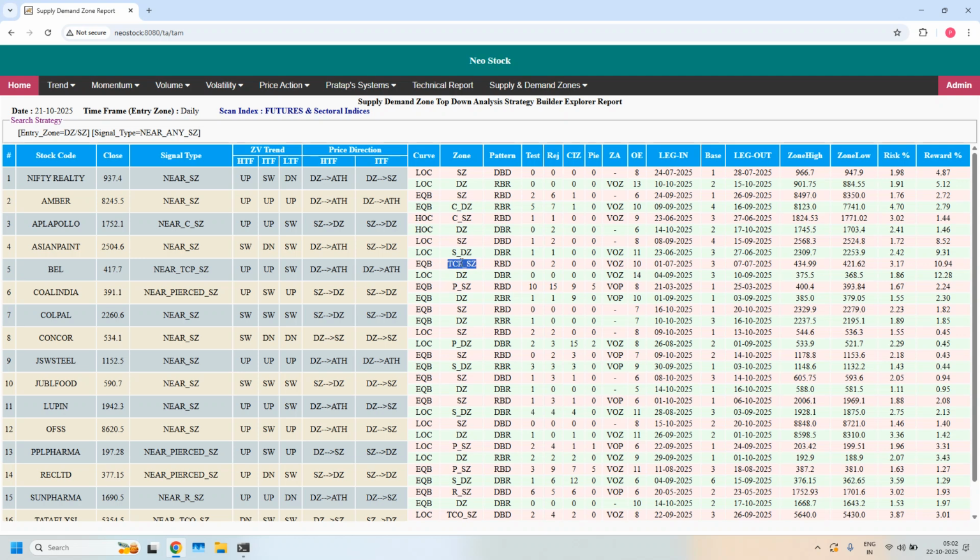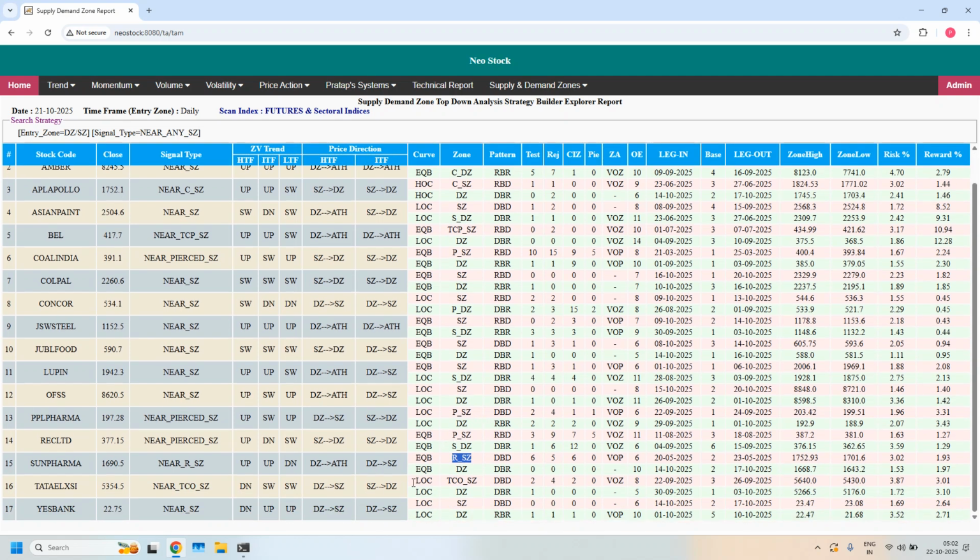BEL is having a daily high liquidity supply zone. Next, Sun Pharma is having a daily high liquidity supply zone. So in total we identified 3 daily high liquidity supply zones from this list.